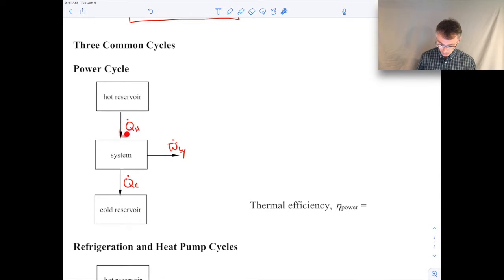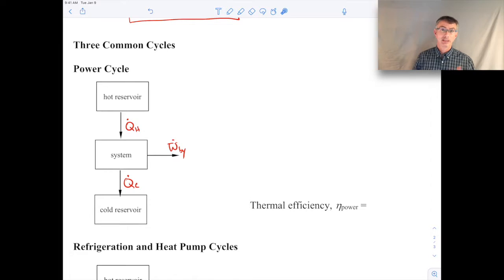So we put some energy in from the hot reservoir, we extract some power, and as you'll learn from the second law of thermodynamics, some energy has to come back out, and that goes into what we call a cold reservoir. Now the cold reservoir would be something that's cooler than whatever the system is operating at. So it could be the surrounding atmosphere, just the surrounding air.